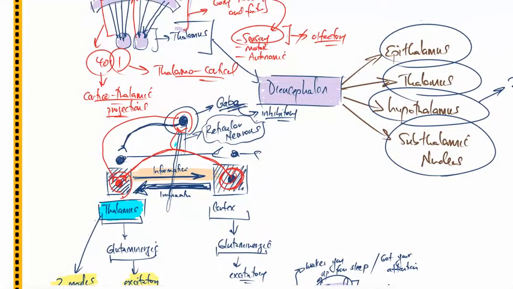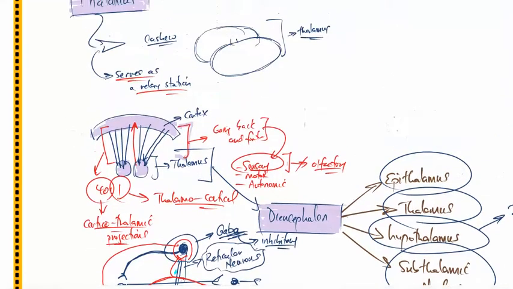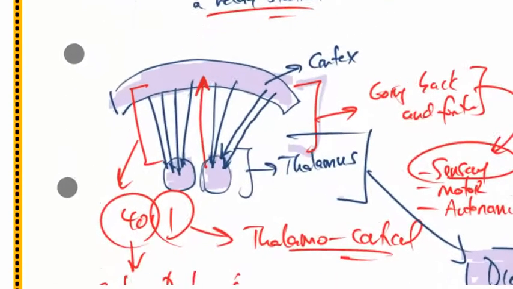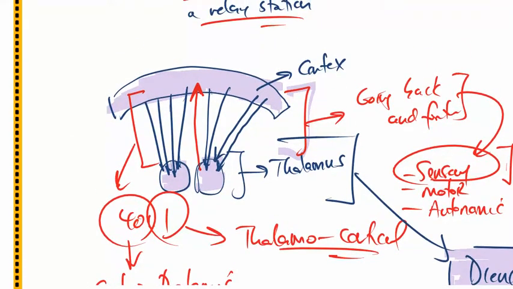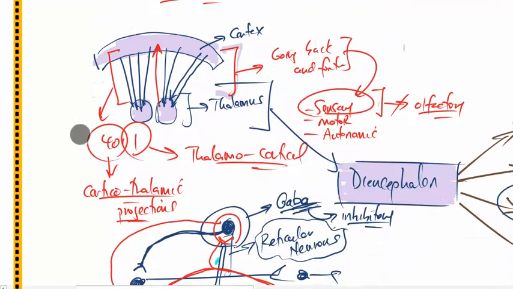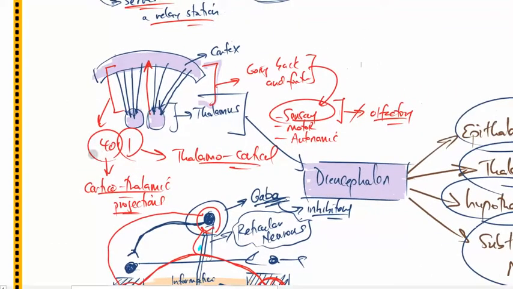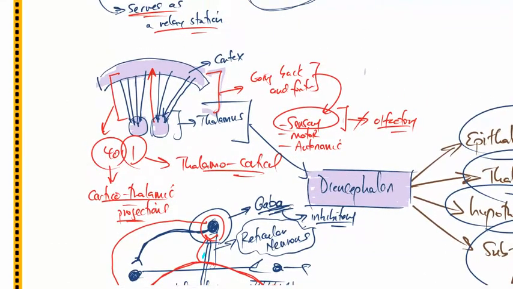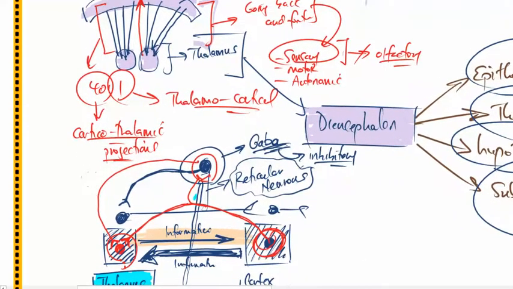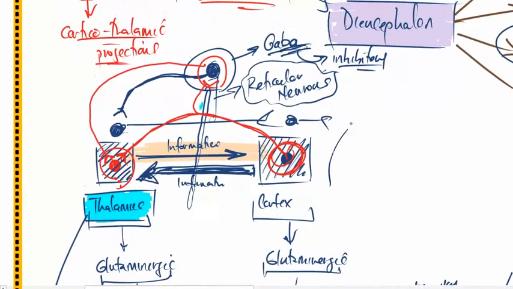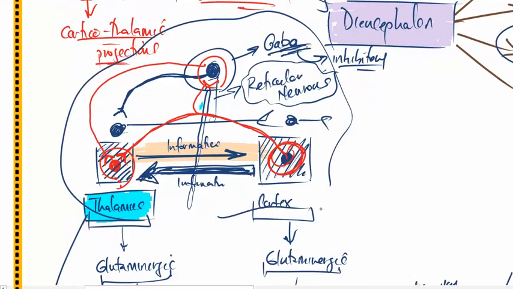All right, so this is just a little bit of an idea of the thalamus, right? The major thing, just know that it's a relay station between the cortex and the body. So you're going to have information moving back and forth between the cortex and the thalamus. The thalamus is taking sensory information from the body and relaying it to the cortex. Know that there are more projections going from the cortex to the thalamus than from the thalamus to the cortex. And know this little schematic of how the reticular neurons modulate this interaction.